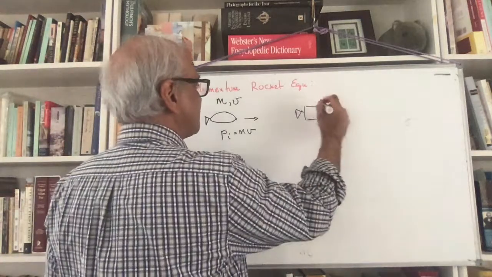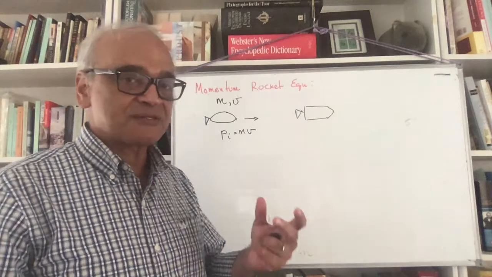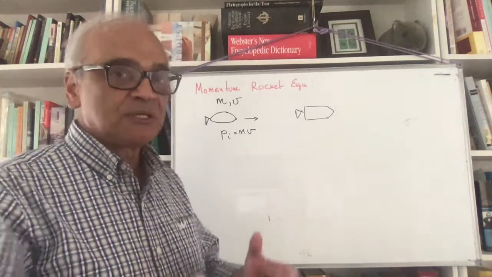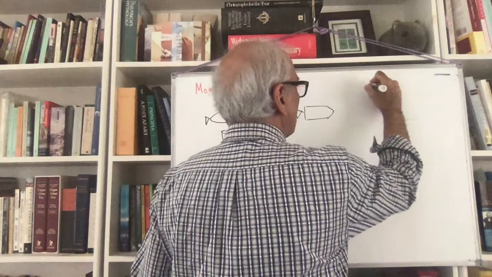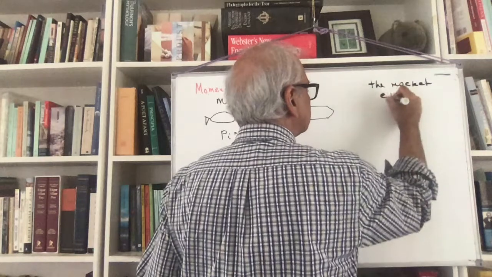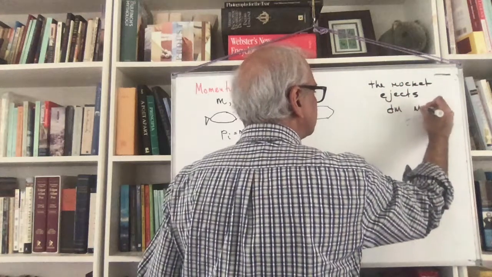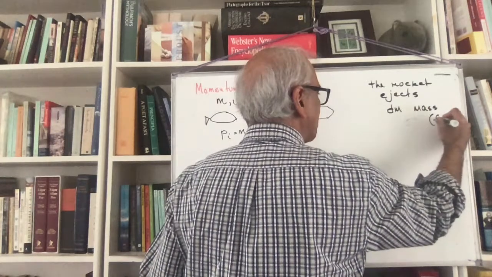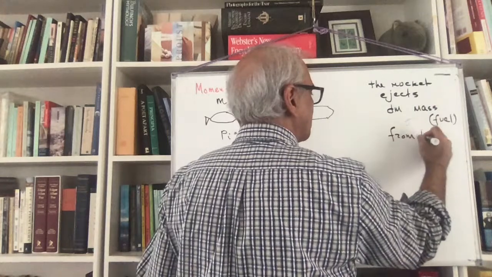So what happens here is the rocket ejects dm mass, which is the fuel, from the backside.